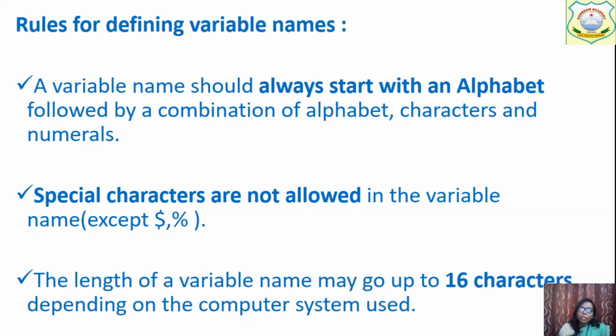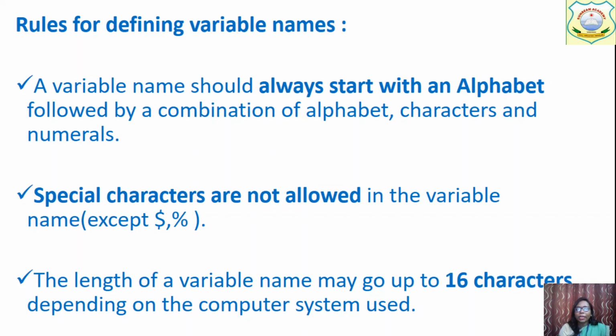Only the dollar sign and percentage sign are allowed; where they are used, I will tell you later. To differentiate different types of variables, BASIC will allow you to use the dollar and percentage signs. But other than this, no other special character is allowed.